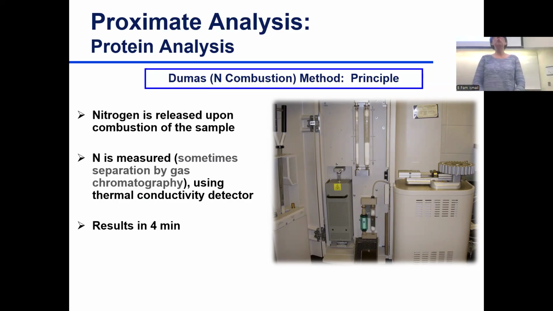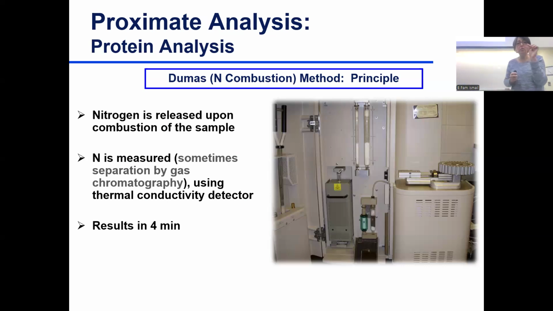So it's based on combustion, meaning the protein sample or the food sample is combusted at really high temperature. So this is our older unit. We have a newer unit that you will be working with, but essentially it has the same kind of components. You have a carousel where you have your samples weighed in little sample containers, which can be tin capsules or gel capsules, depending on the type of food.